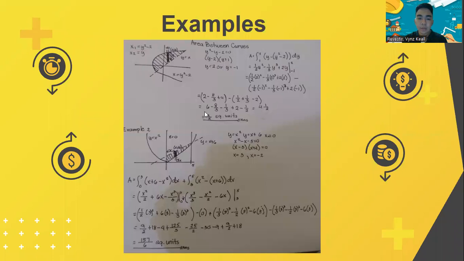I'm sorry. So 6 minus 8 over 3 minus 1/3 plus 2 minus 1/2 equals 4 and 1/2. So the answer is 9 over 2 square units.